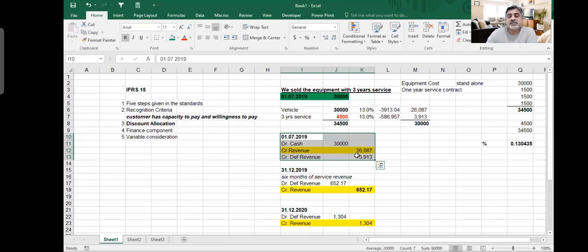The problem starts arising on 31st of December 2019, or maybe 31st of December 2020. Later on, the customer starts making delays in the payment. If that is the case, of course, you need to create an allowance, you need to make a bad debt or something else.